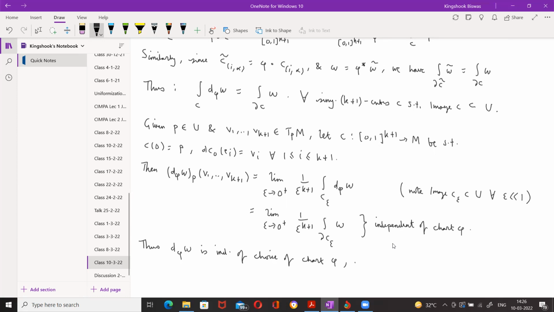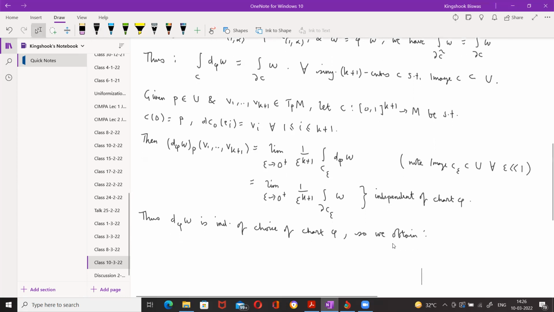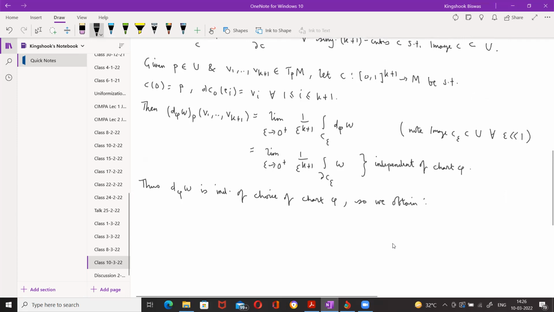And so we obtain the definition of the exterior derivative.